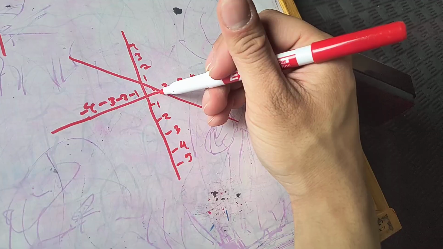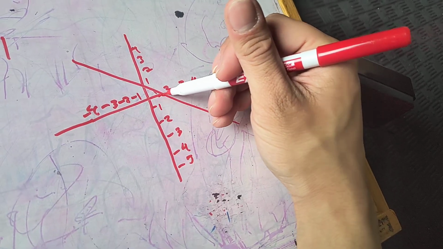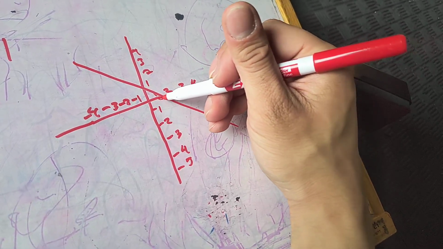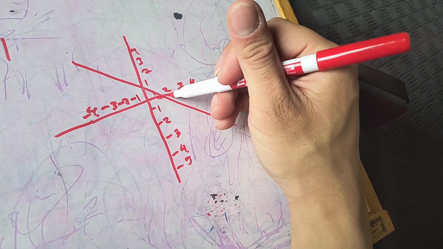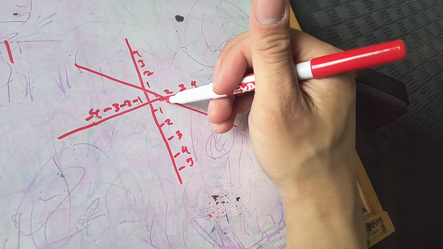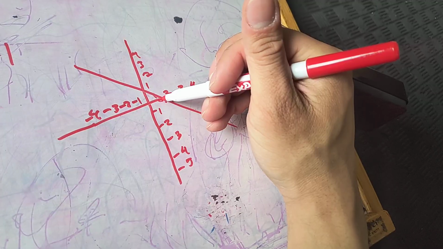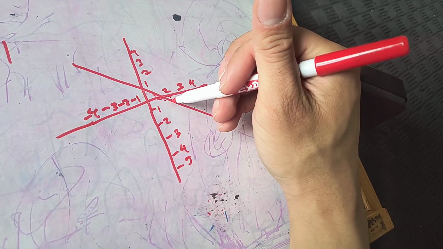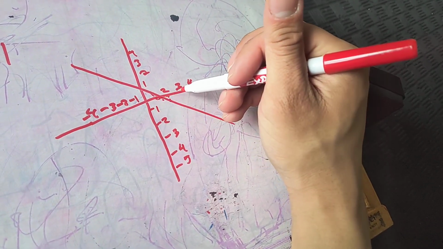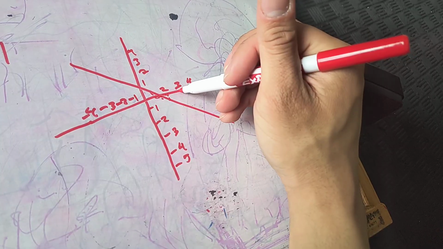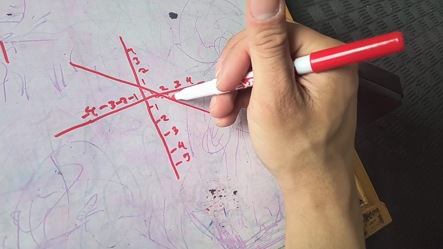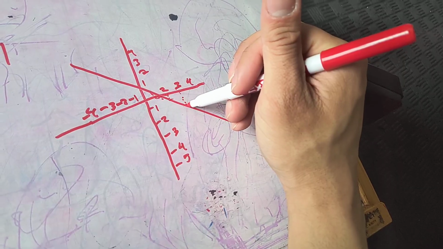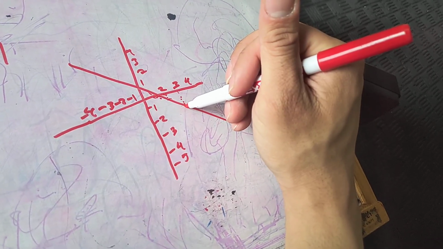And if I were to go 1 to the right, increasing on the x-axis by 1 by going to 2, and then going down, my y-axis has decreased from 0 to wherever this is. Same thing if I were to go from 2 to 3, my y-axis has decreased from right here to right here.